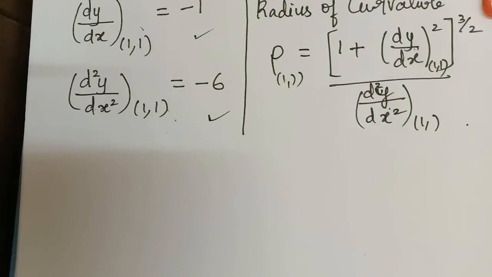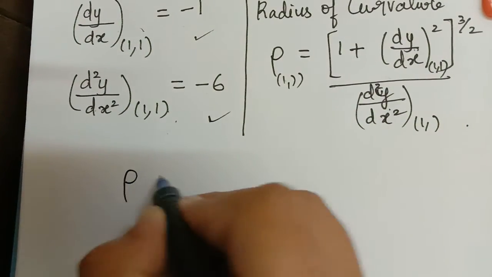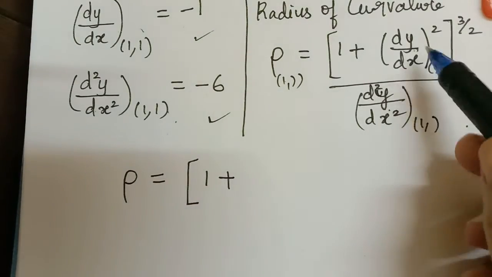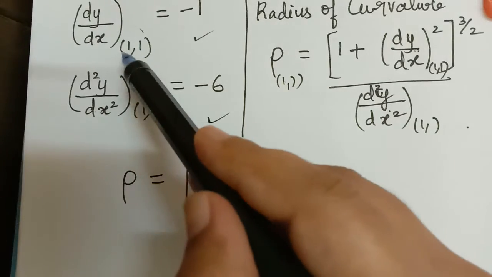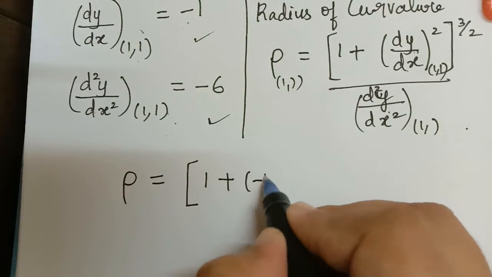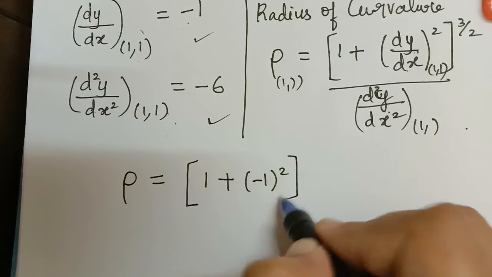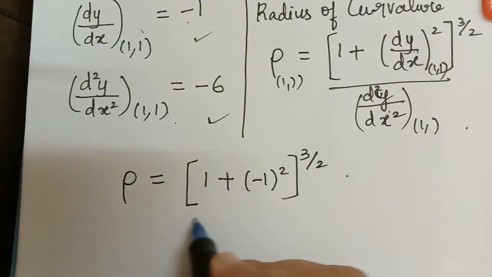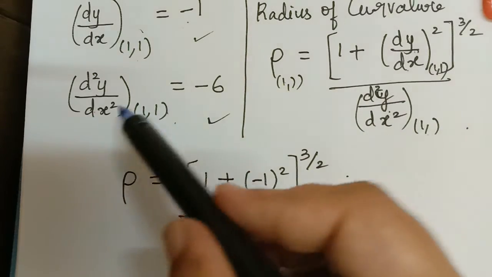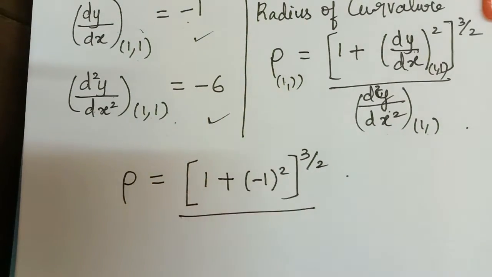So our radius of curvature will be equal to, so rho is equal to 1 plus, what is dy by dx at the point (1, 1)? It is minus 1. So let us substitute that here. So (minus 1) squared, the whole power 3 by 2, divided by d squared y by dx squared at the point (1, 1) is minus 6.